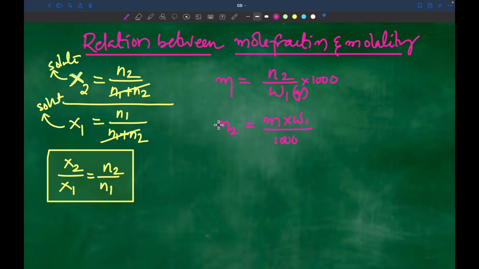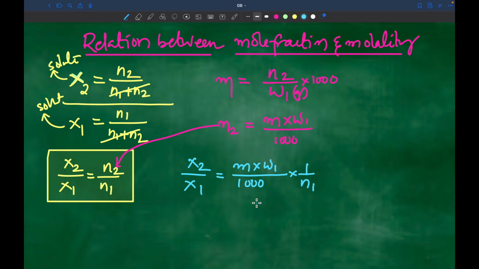So I replace this N2, plugging it in here. So I'll get x2 over x1 equals molality into W1 over 1000 into 1 by N1, as I have written. What is N1? The solvent moles, which can also be written as W1 by M1.